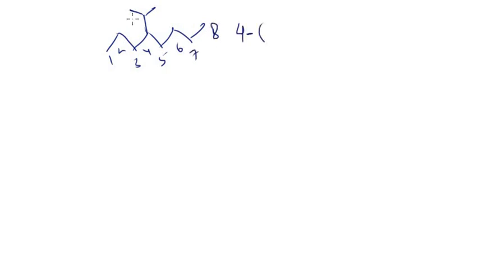Now what is the name of that? If I write like this and give this as a name, 1, 2, 3, 4, 5, 6, 8. On the fourth it is a complex substituent, 1 dash, 2 dash. Fourth, 1 dash methyl ethyl octane.